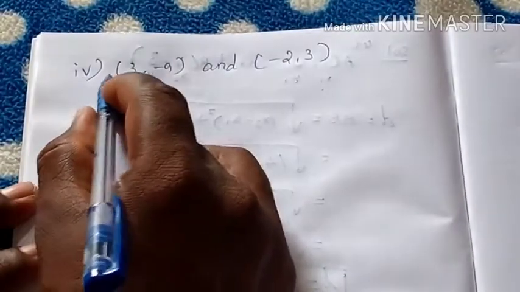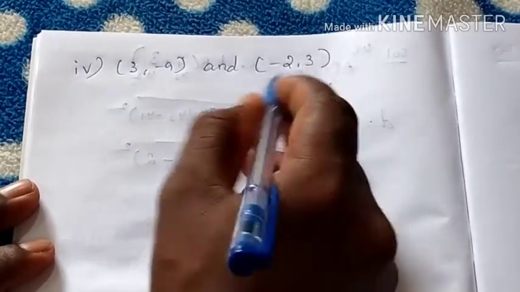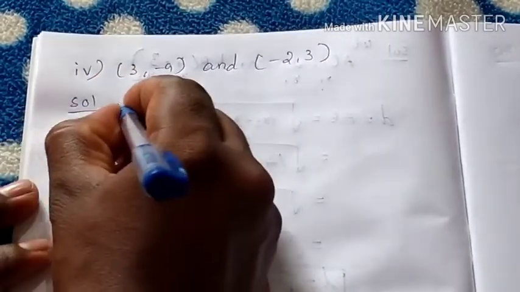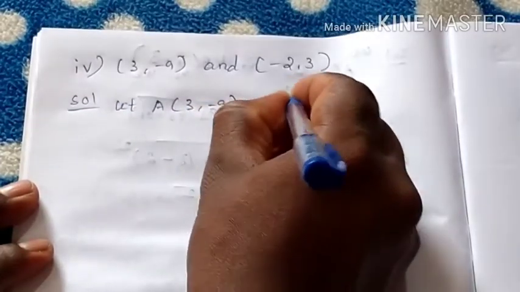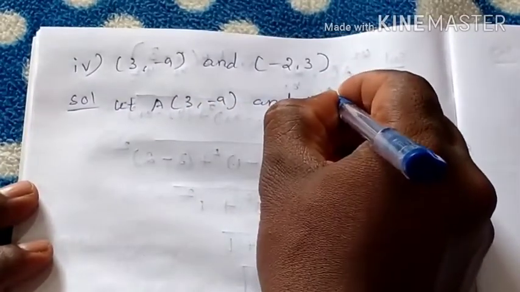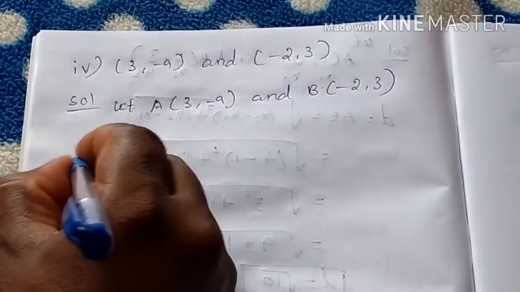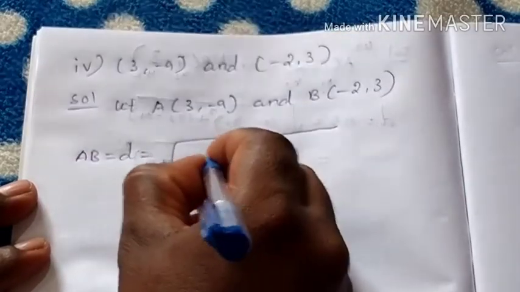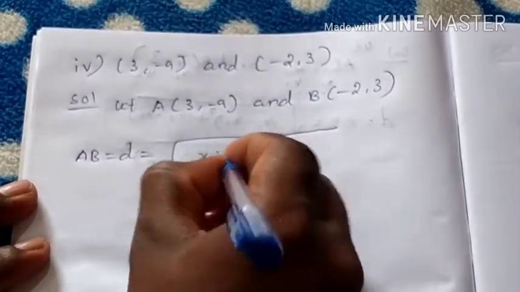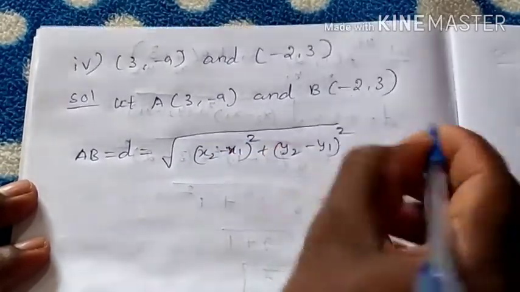Next, the fourth subdivision: 3 comma minus 9 and minus 2 comma 3. The solution: let A be 3 comma minus 9 and B be minus 2 comma 3. The distance between the 2 points AB is equal to the square root of x2 minus x1 the whole square plus y2 minus y1 the whole square.